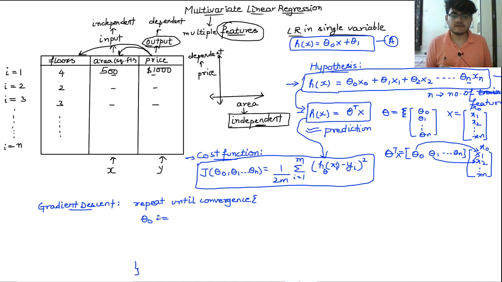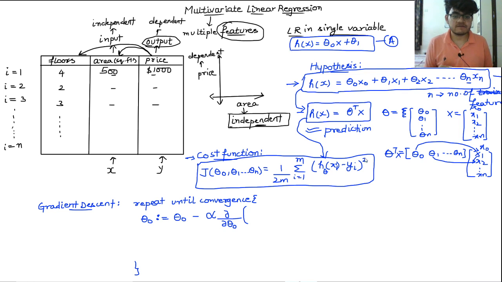It will be theta 0 minus alpha times, which is the learning rate, then the partial differentiation with respect to theta j, or theta 0 in the first case. And inside this we will have our cost function, which is this one.